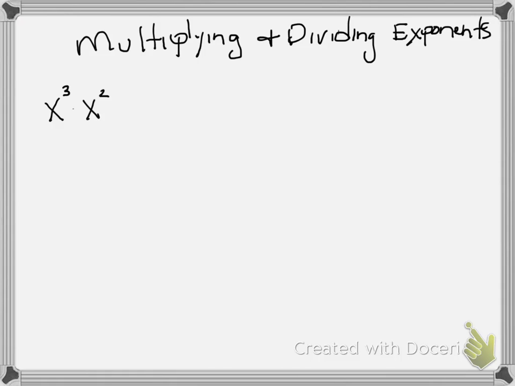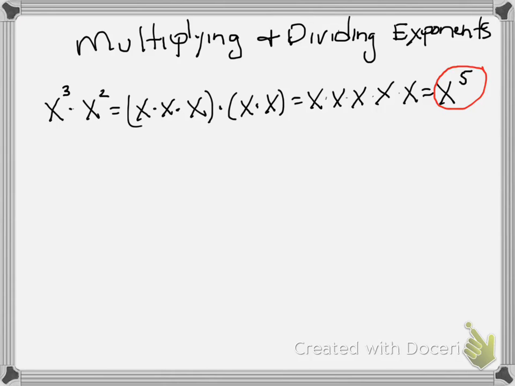Okay, let's look at an example like this where we've got x cubed times x squared. Let's just write that out longhand, where that's x times x times x times x times x. And if we just get rid of the parentheses, we see that that's 5 x's here all multiplied by each other, which gives us x to the 5th power.